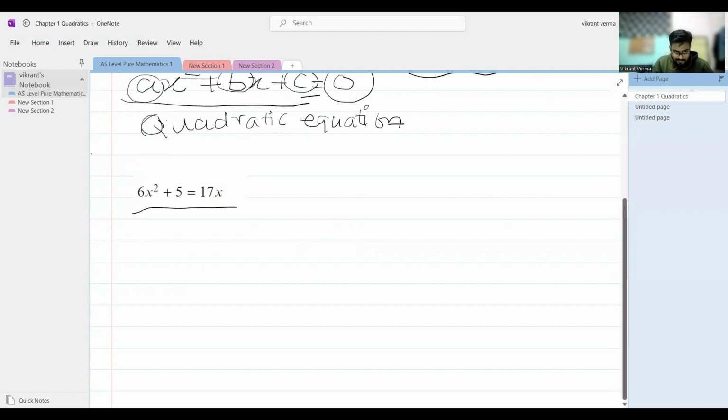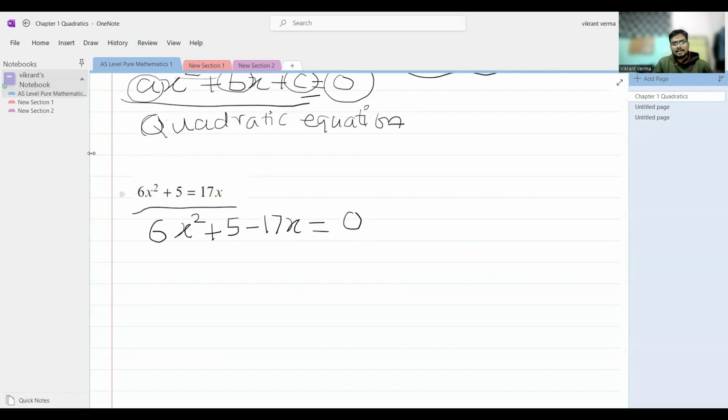So we will simply perform some of the basic mathematical operations that you studied. So what I will do, I will first bring this 17x term to the left hand side. Okay, because this 17x term has come from the right hand side to the left hand side, the sign has become negative. Okay, this negative you can see.